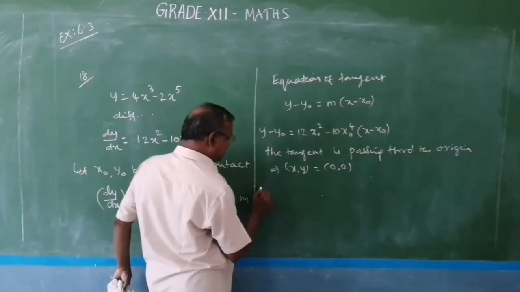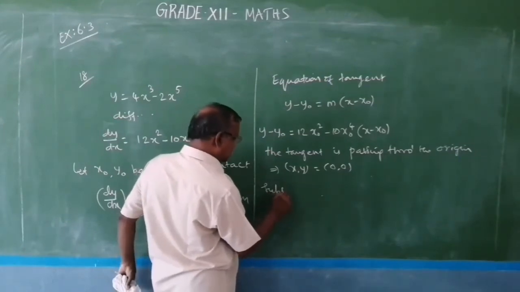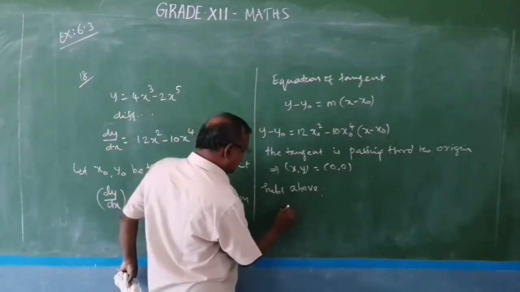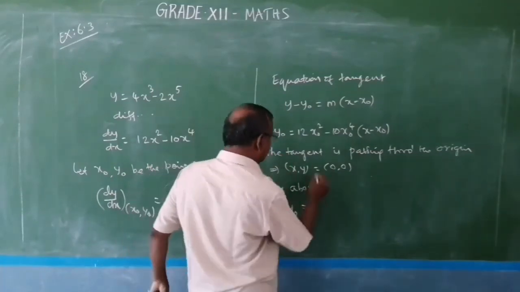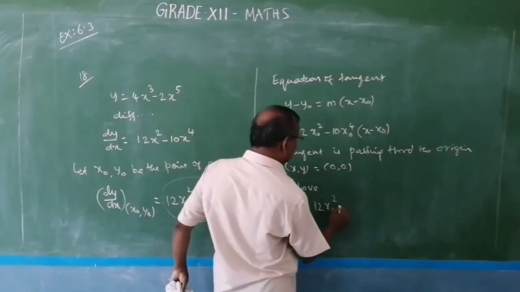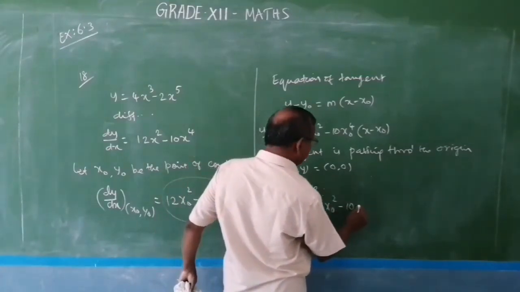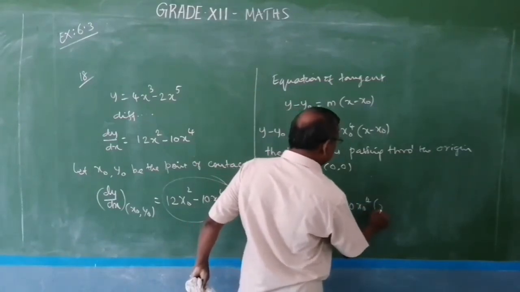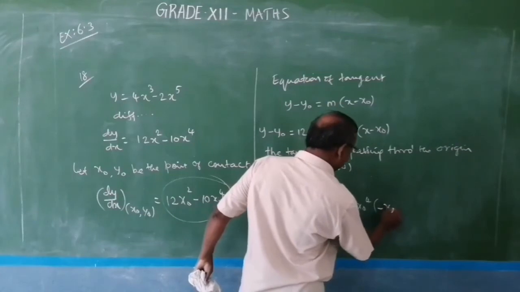So substituting above we have minus y naught equal to 12 into x naught whole square minus 10 into x naught whole power 4 minus x naught.